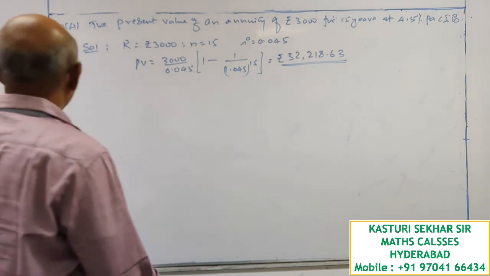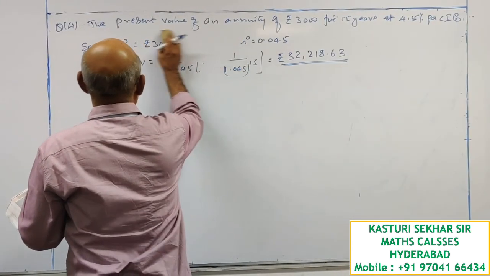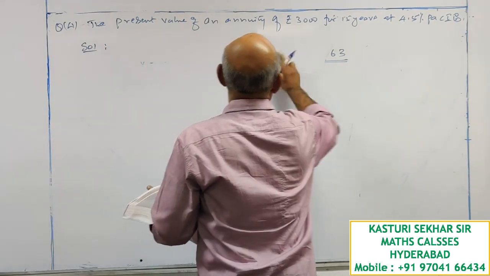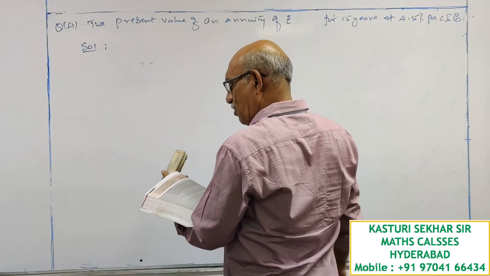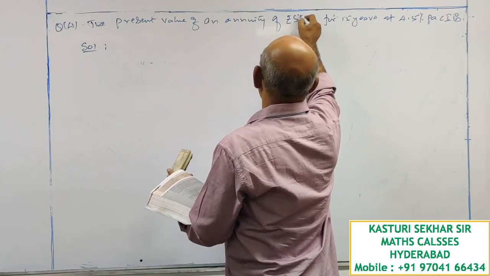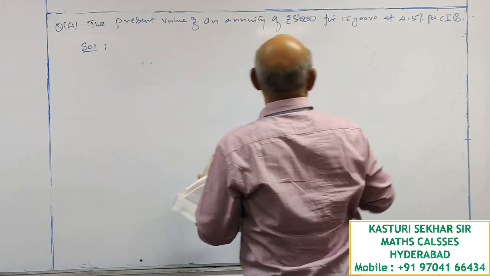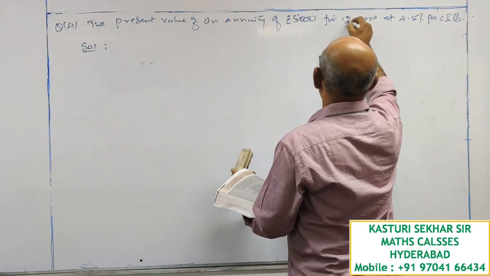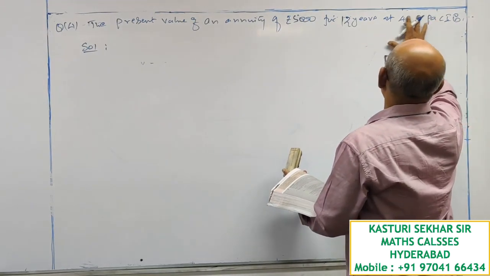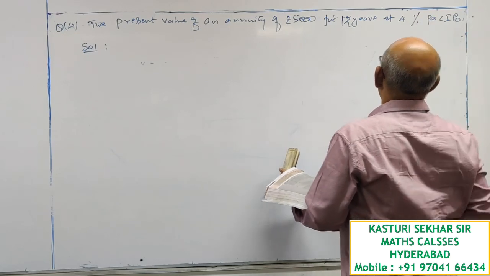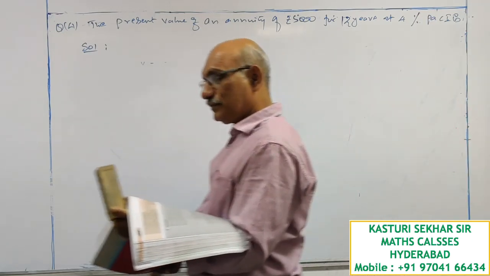See the next question. The present value of an annuity of rupees 5,000 for 12 years at 4% per annum compound interest is?